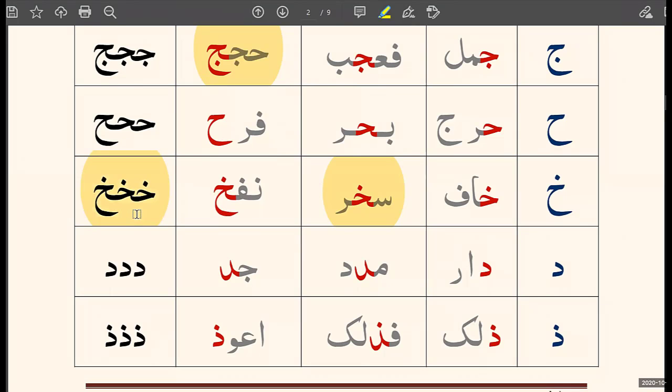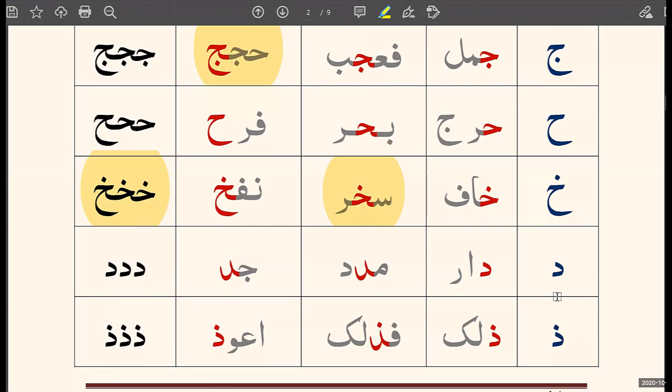Remember, this is a little more sharp and thick sound, kha, like that. There is an H sound after the K sound. Good. Okay. Next line, please.